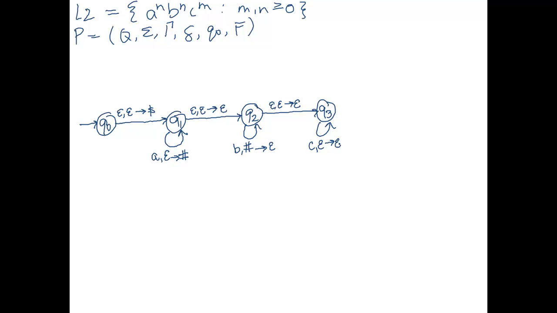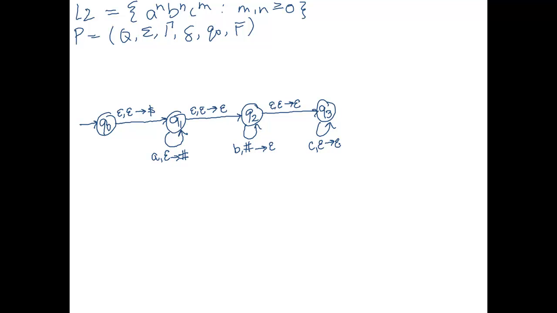Okay? So now when I'm done reading C's, I want to transition over to the final state if my stack is empty. When is my stack empty? If I have pushed 10 pound symbols onto the stack by reading 10 A's, and I have popped 10 pound symbols off of the stack by reading B's, my stack is going to be empty.